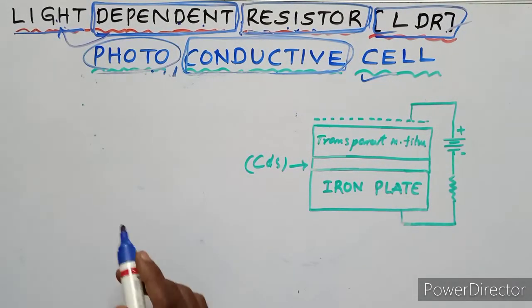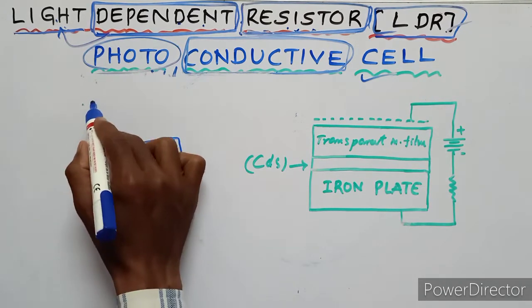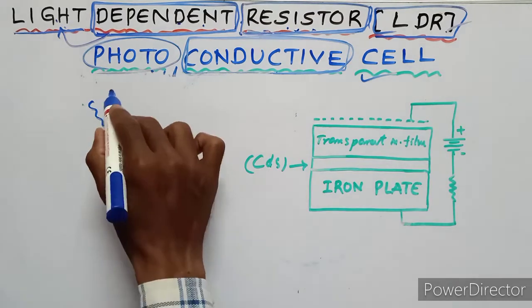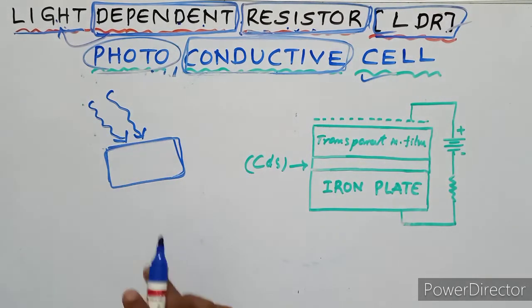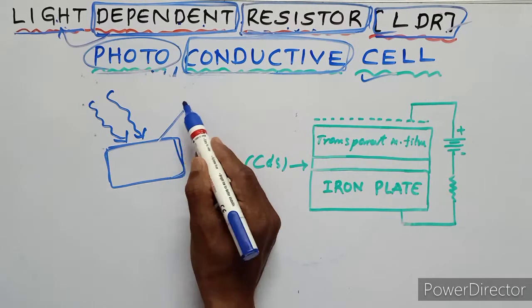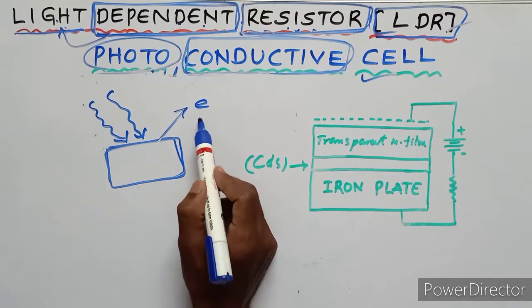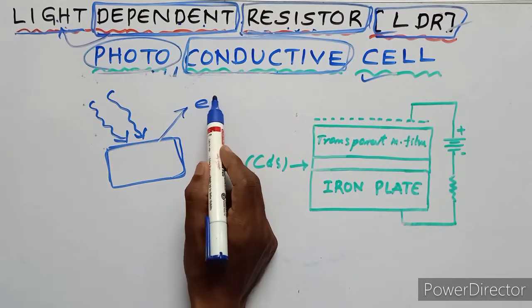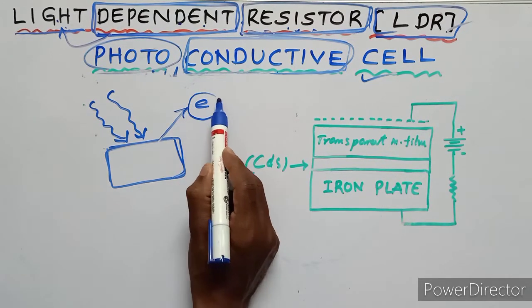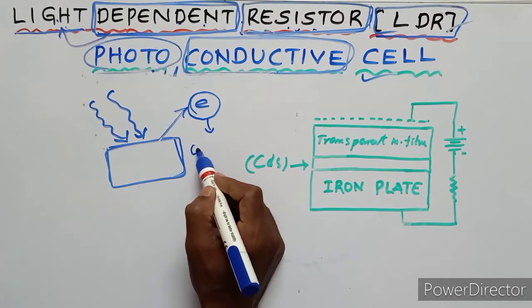For example, we take this metal, and light is incident on this metal. Then electrons are emitted. If electrons are emitted, then electricity flows easily. Then the metal is a conductor.